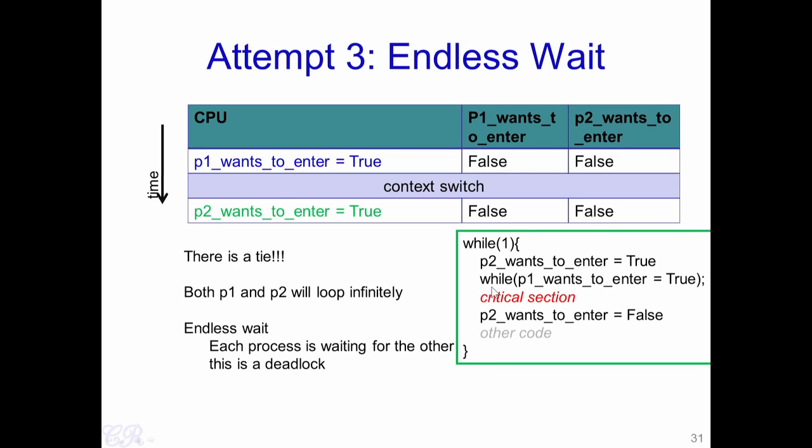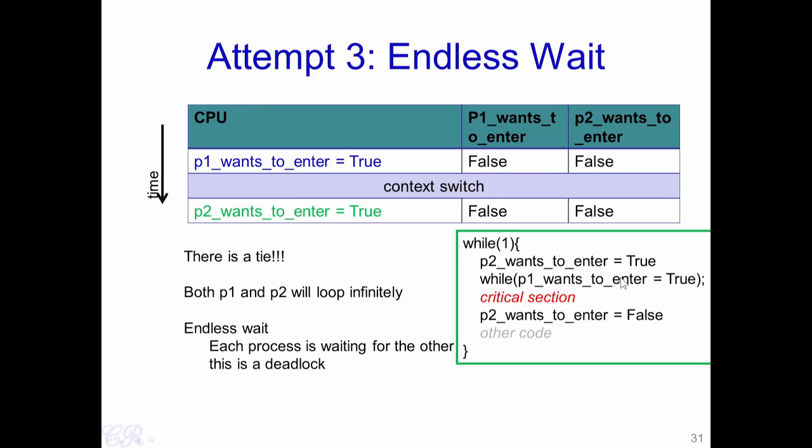Now, when both processes enter into this while loop, in both cases, process 1 as well as process 2, this flag is set to true, indicating that both processes will continue to execute this while loop endlessly.